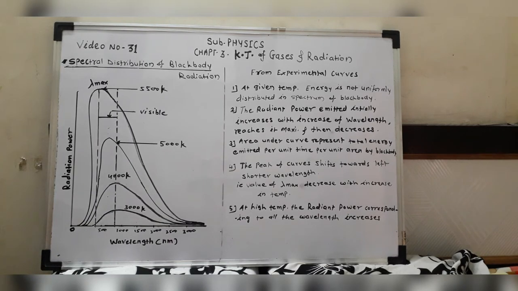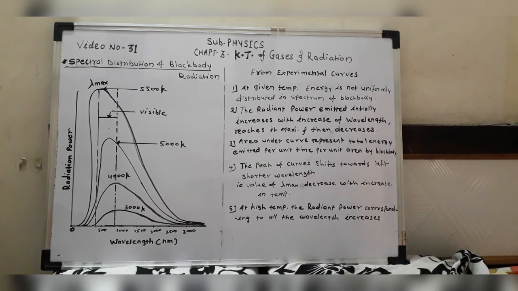The wavelength corresponding to the radiation of maximum intensity is lambda max, which is marked here at the temperature 5500 Kelvin, and it is characteristic of the temperature of the radiating body. Again, this lambda max is not the maximum wavelength; it is the wavelength of maximum intensity.